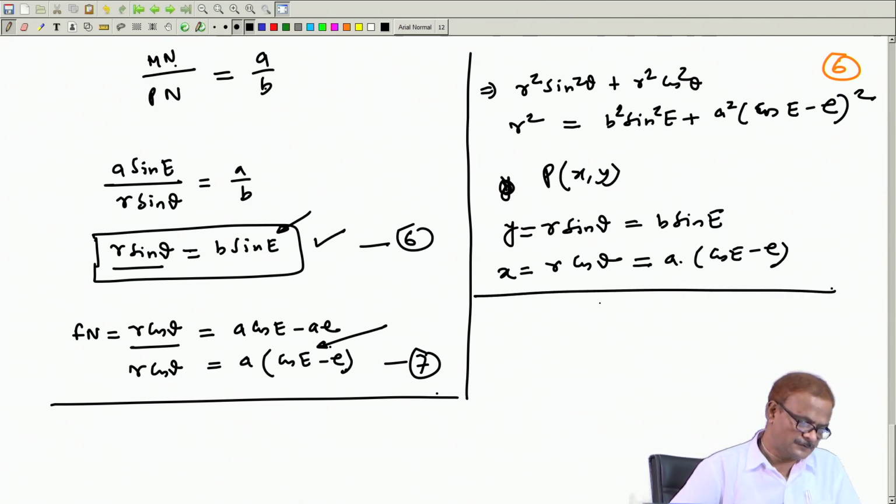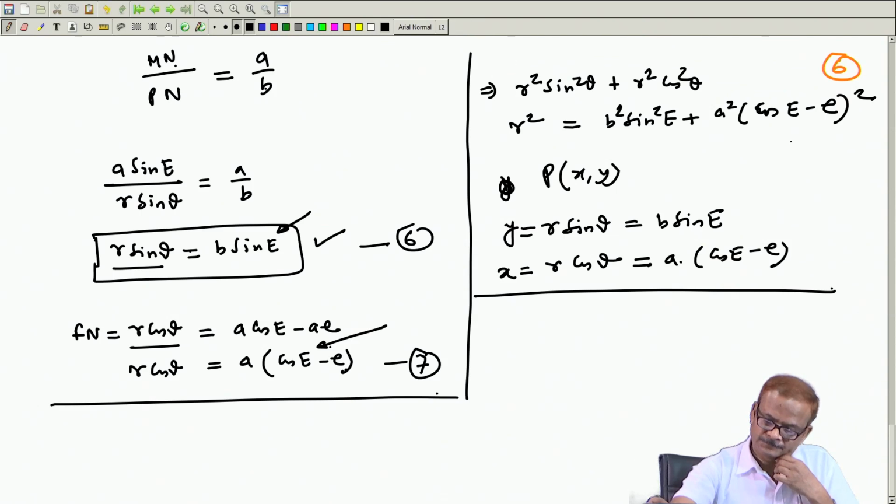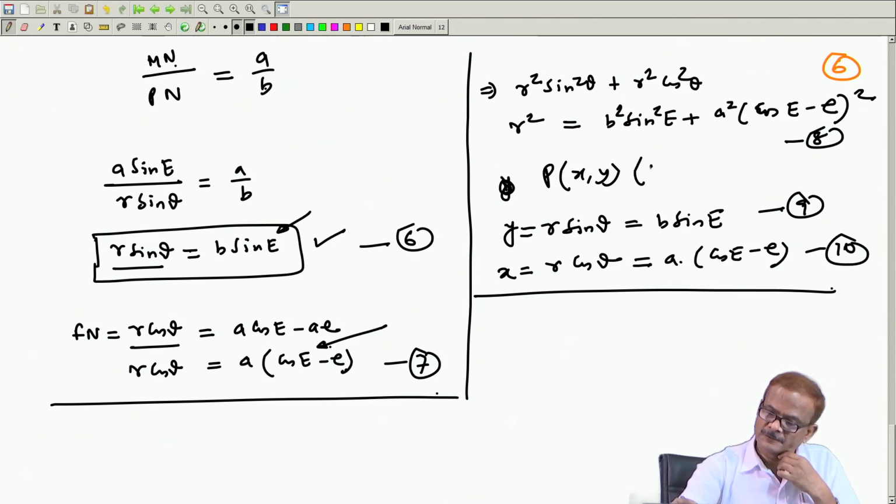So, we go till this extent, and next time we will work further with this. So, this will be numbered 7, 8, 9 and 10. These are the coordinates of point P.